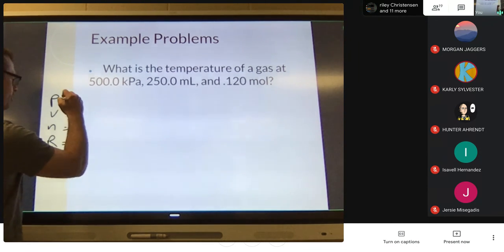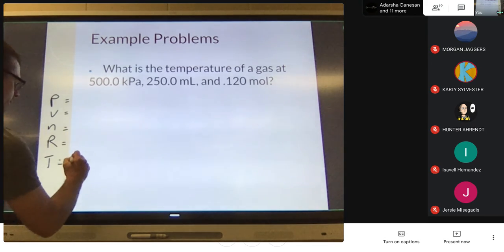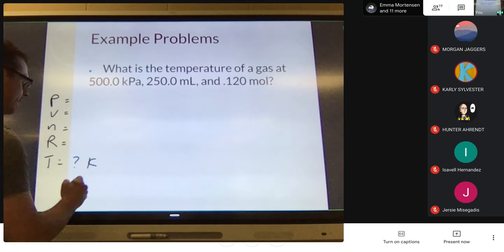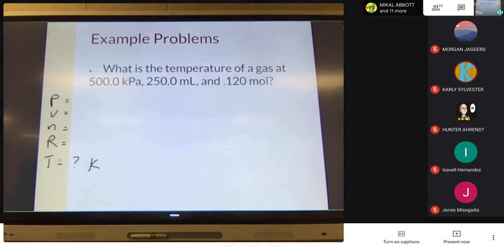By the way, as you do more of these, I wouldn't expect you to do this stuff to the side, but for right now, it makes it a little bit easier. Now, if we do this right, our temperature should be in kelvins, so we're just going to leave it like that. If they wanted it in Celsius, we'd have to do a step at the end, but right now, I don't care about that. We ain't got time for that, right?